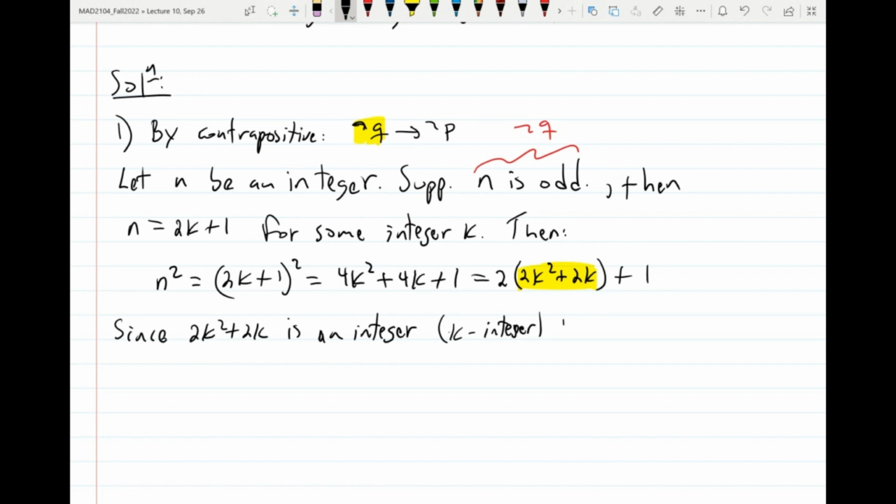So if this is an integer, then n squared is odd. So we argue the contrapositive, and therefore the equivalent statement, which is P implies Q, must be true as well, right? Questions?